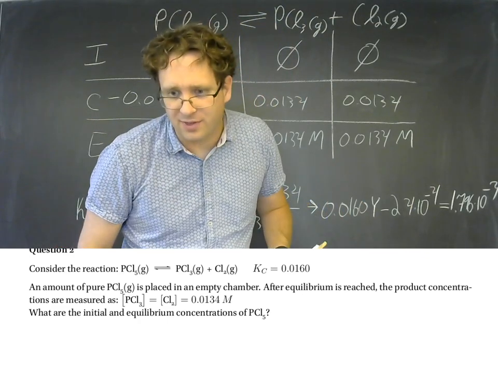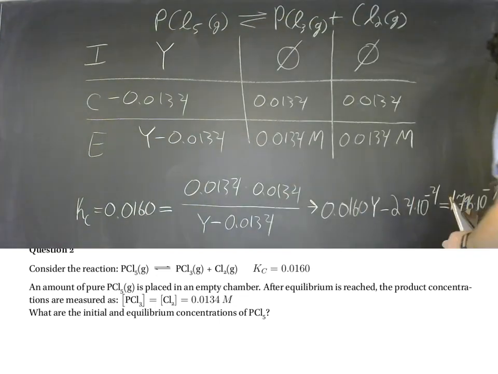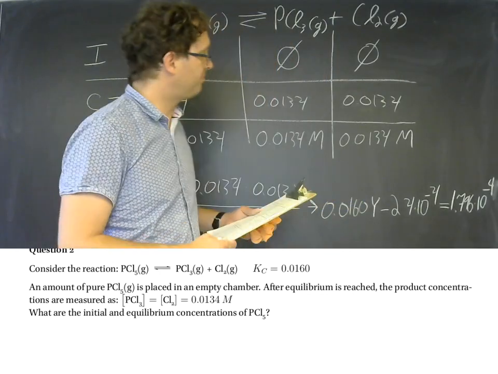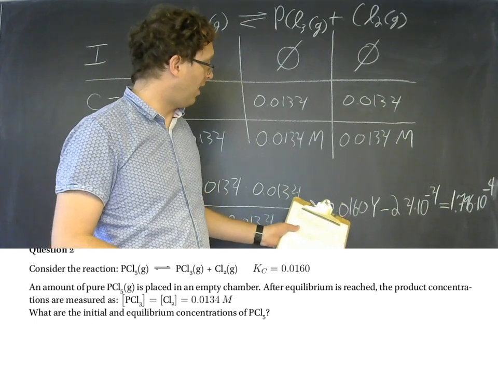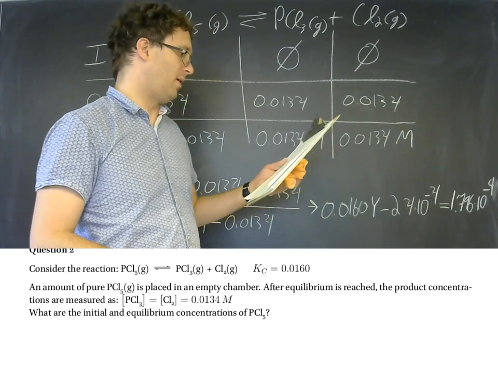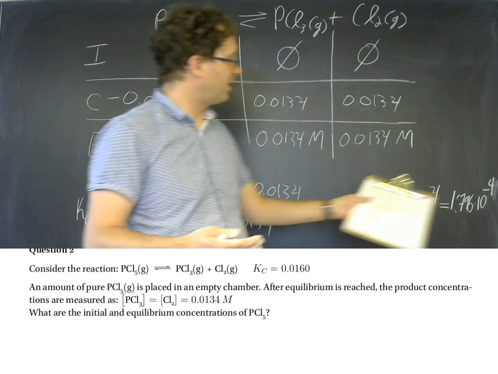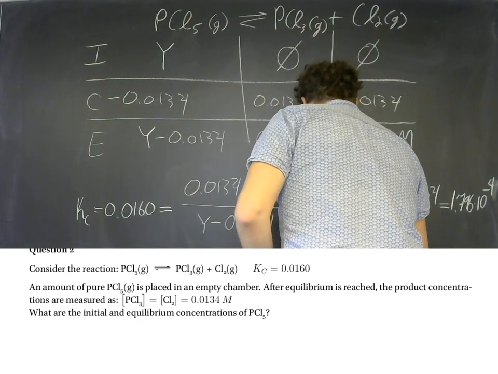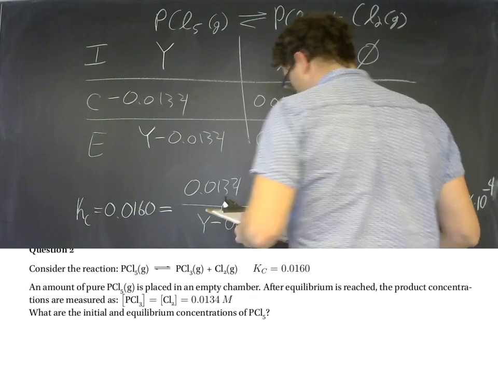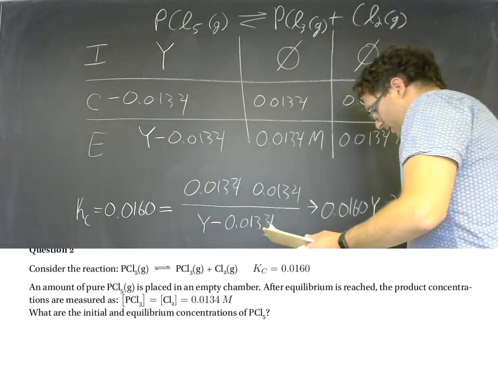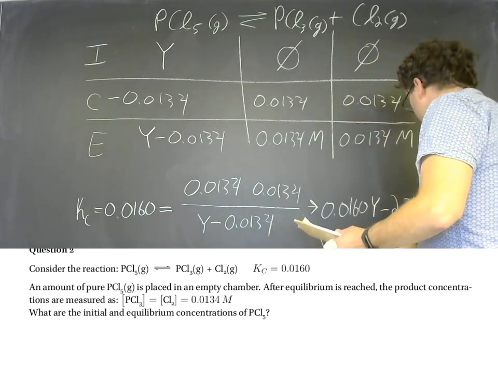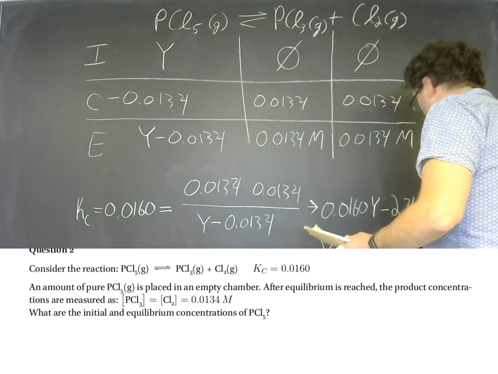And that looks like a 3 on the screen. But it really was a 4, it was just a funny looking 4. Okay, maybe that's a little better. And we can add the 0.214 times 10 to the negative fourth to both sides, divide by 0.016. Anyway, in the end we get y is equal to 0.0246 molar.